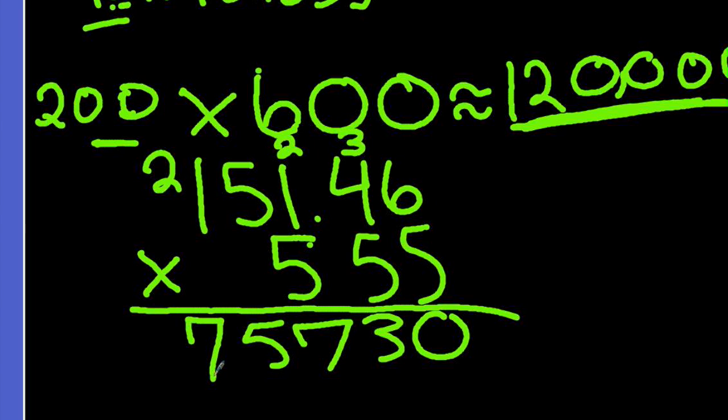Okay, and because we're done with this 5, we're going to add a 0 and make Mama happy. And we have to clean up here. She doesn't like a dirty house.